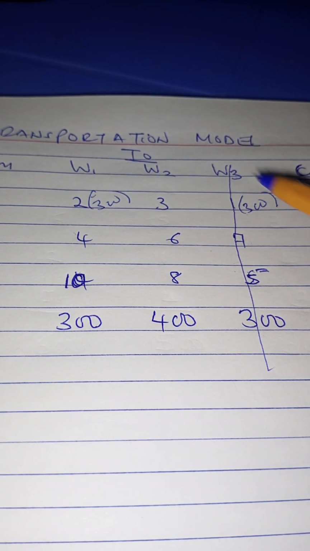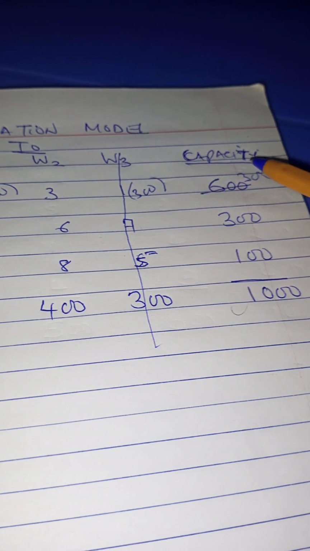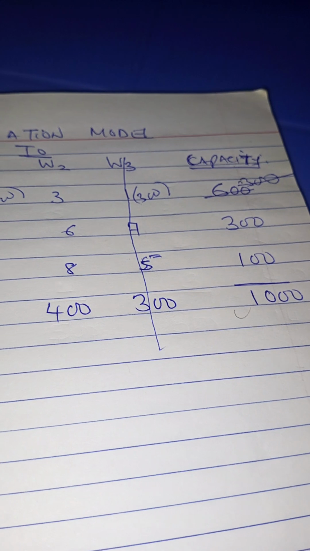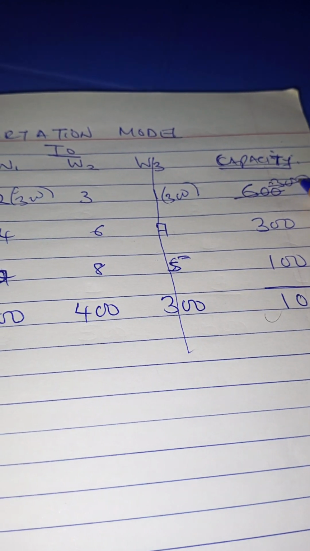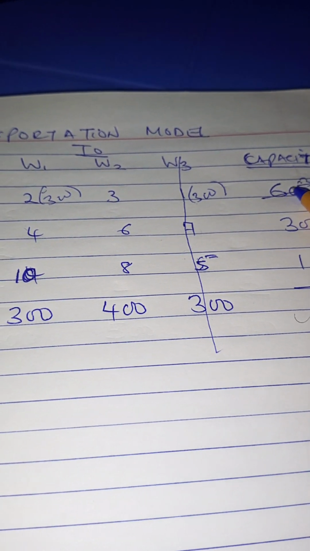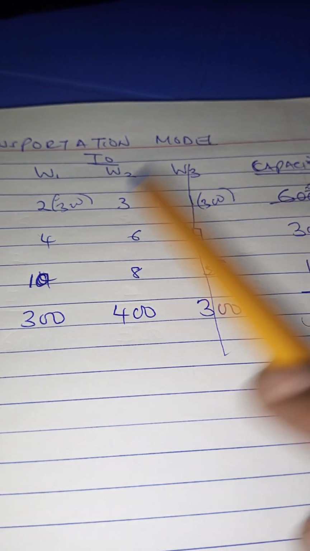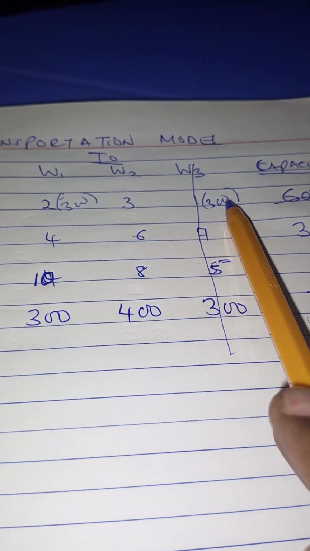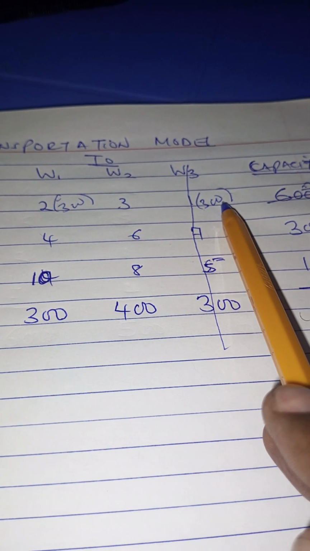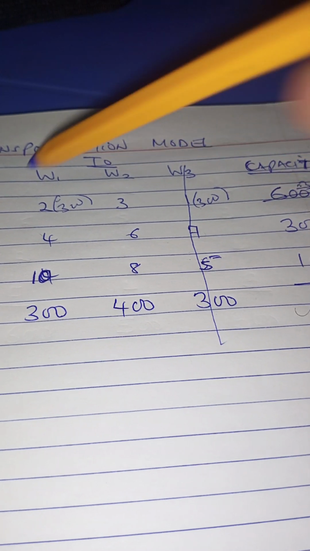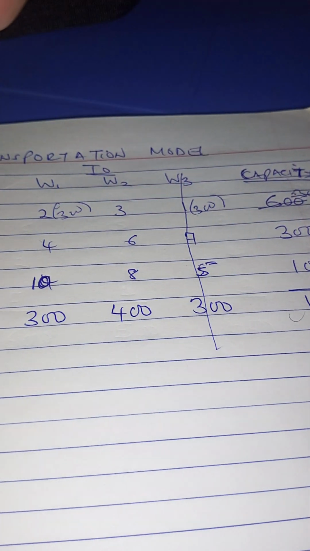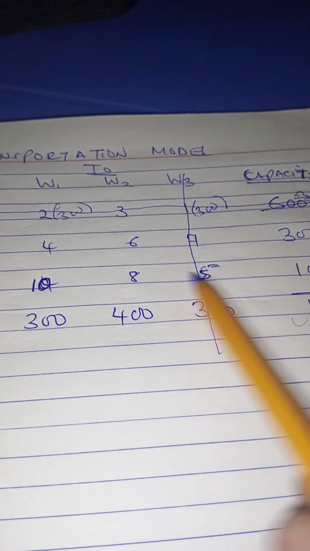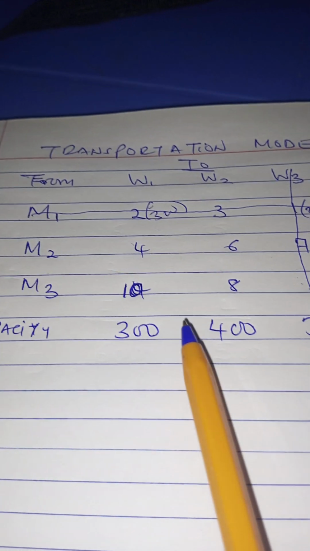The units that were remaining for M1 have already been taken by W1, and therefore we cancel 300, meaning that the capacity from M1 has been transported to W1 and W3 respectively. Therefore, we also cancel the M1 row throughout so that we only have M2 and M3 remaining.